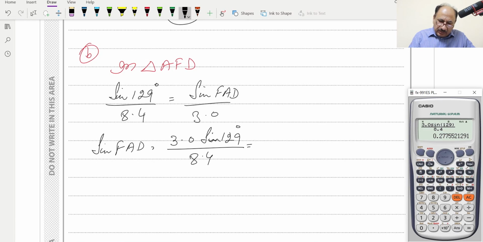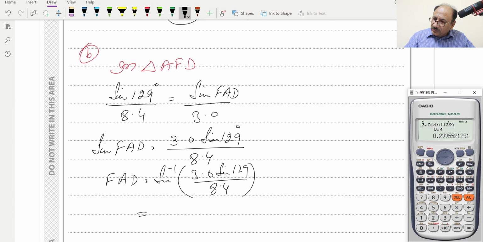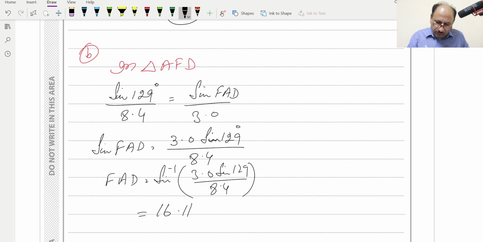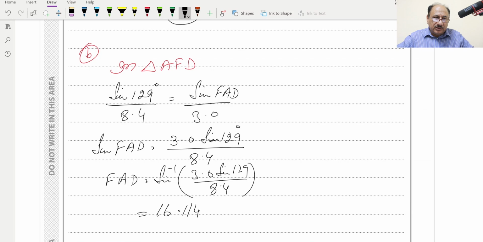So we can take sine inverse, so FAD will be equal to sine inverse of 3.0 into sine of 129 over 8.4, and we can directly find this angle. So this will be inverse sine of the answer, and this will be equal to 16.114, taking up to 3 decimal places.